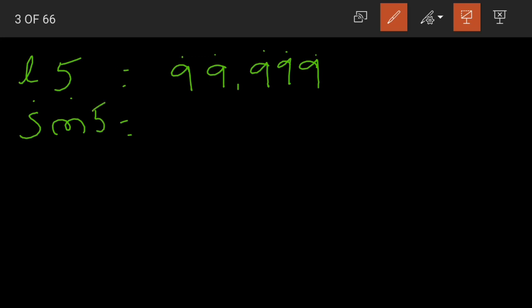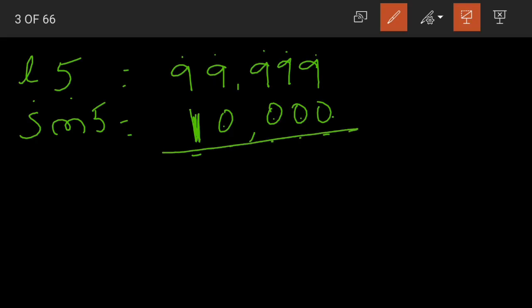And what is the smallest 5-digit number? The first digit will be 1 and the remaining digits will be 0. In a 5-digit number, let us make 5 places and in the first place write 1 and fill the remaining 4 places with zeros.